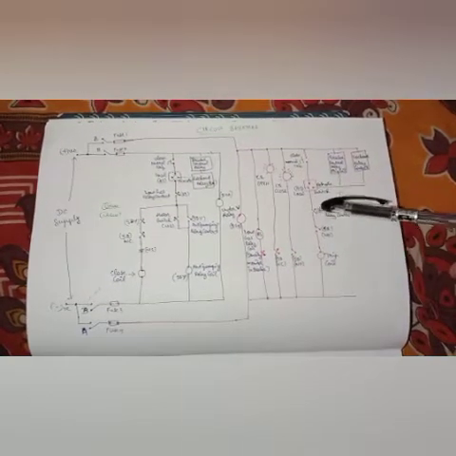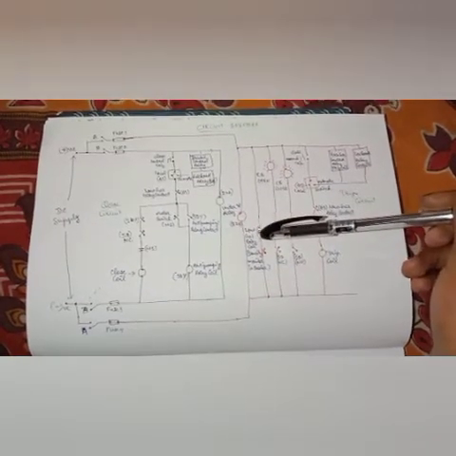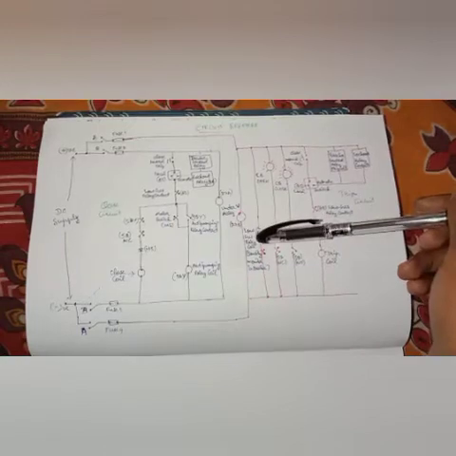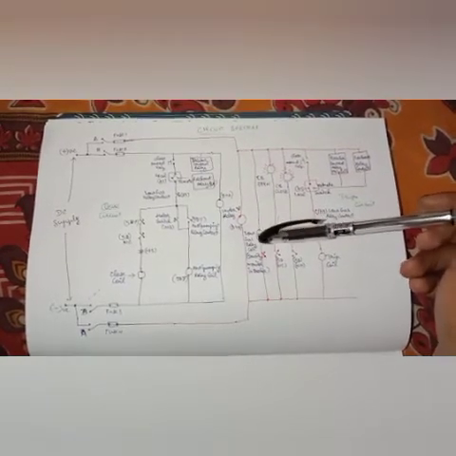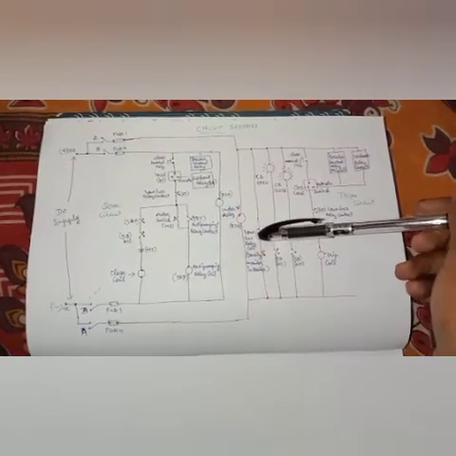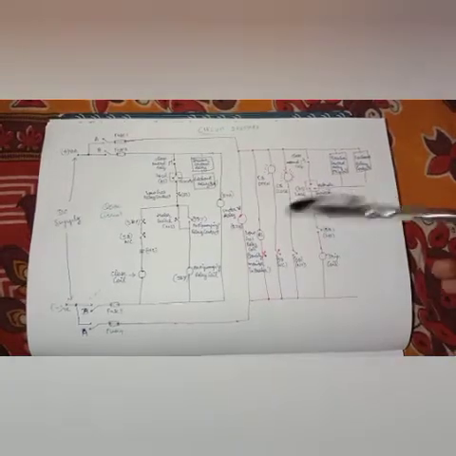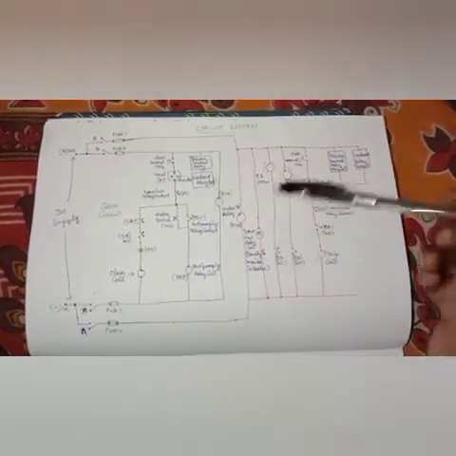Here we have taken the NC contacts for the low gas relay coils, because as I said, NC in the sense normally closed. Now the coil is in drop condition, so it will be in a closed condition. Whenever the coil gets energized, automatically it will get opened.